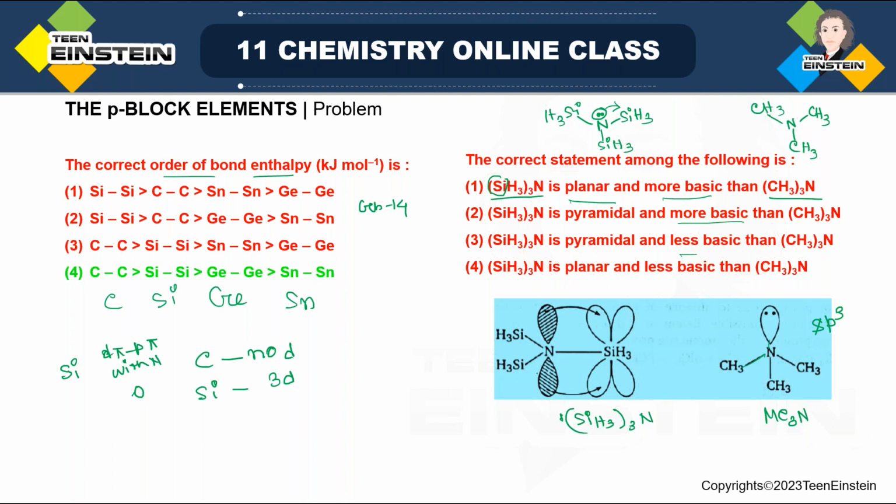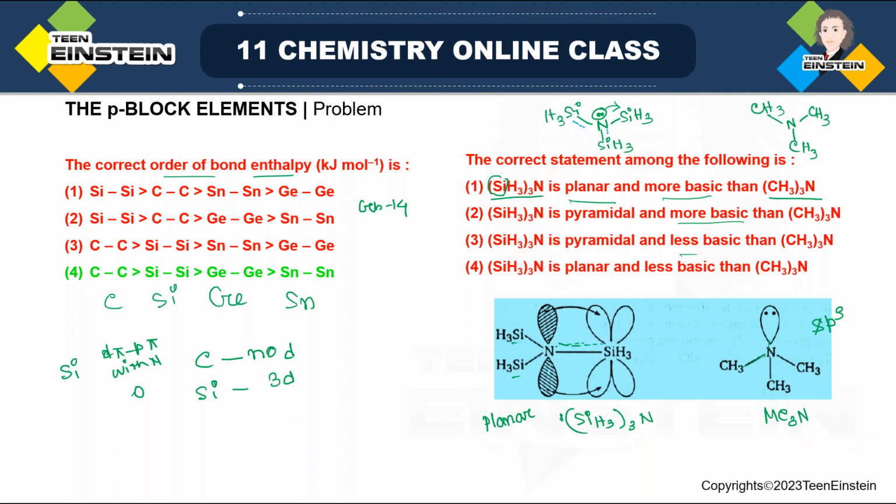But in the silicon case, the structure is planar. Why is it planar? Because there is a pi bond between nitrogen and silicon, and this is also possible with the other silicon-nitrogen bonds. The average structure we can draw like this.